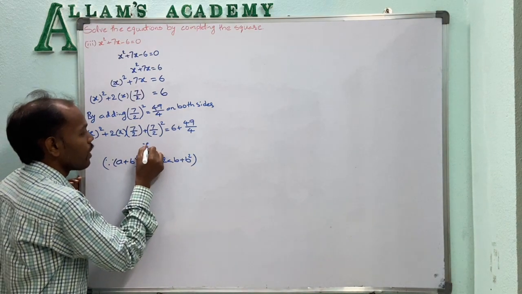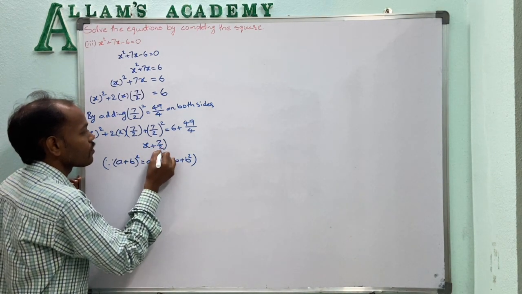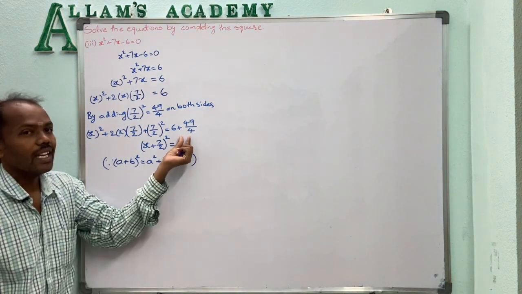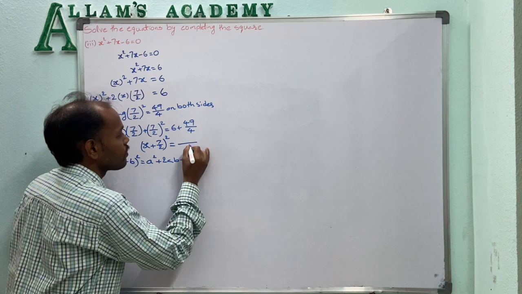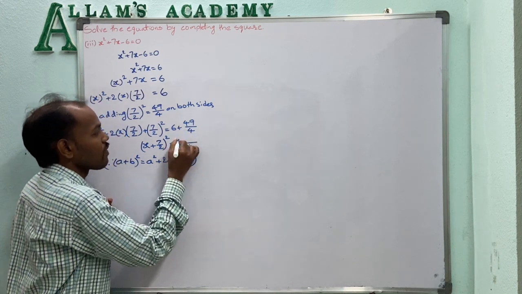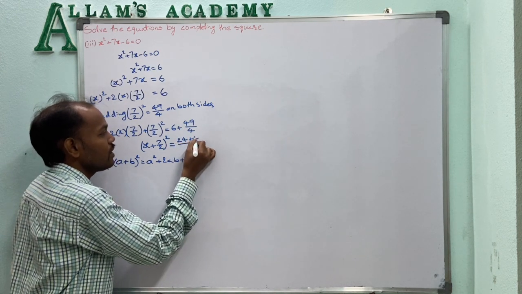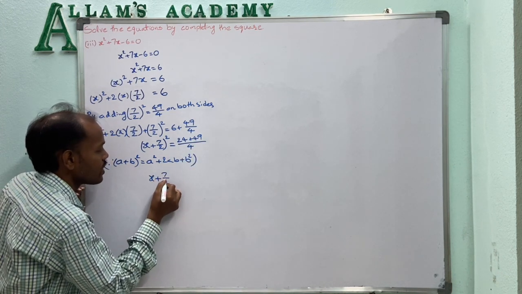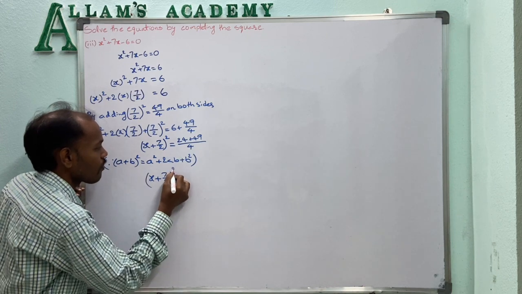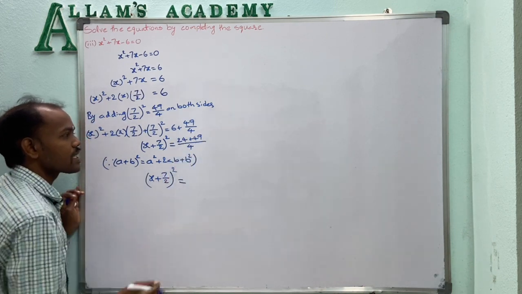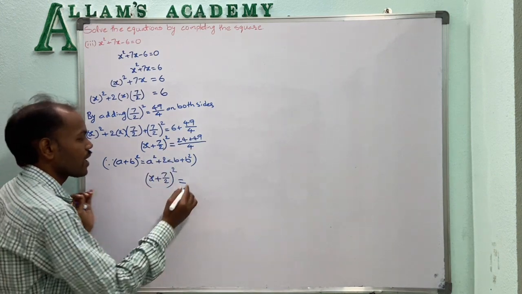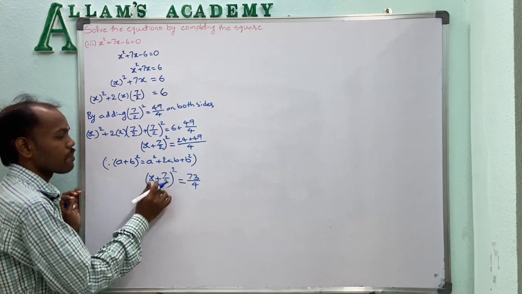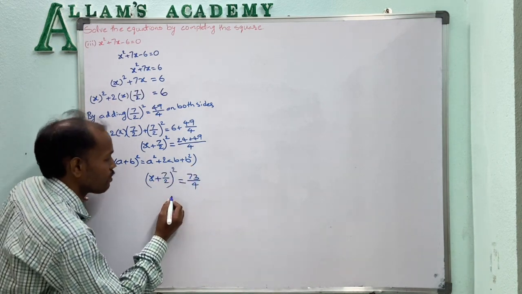So x plus 7 by 2 whole square. Now on the RHS, the LCM is 4. So 4 into 6 equal to 24, 24 plus 49. 24 plus 49 is nothing but 73. So x plus 7 by 2 whole square is equal to 73 by 4.